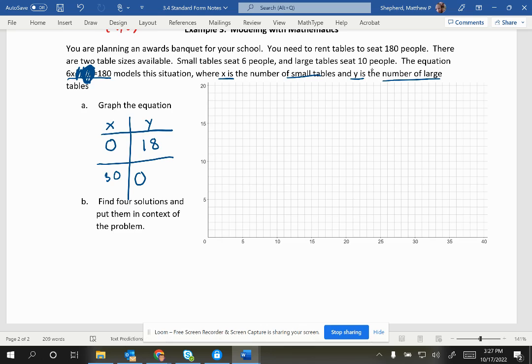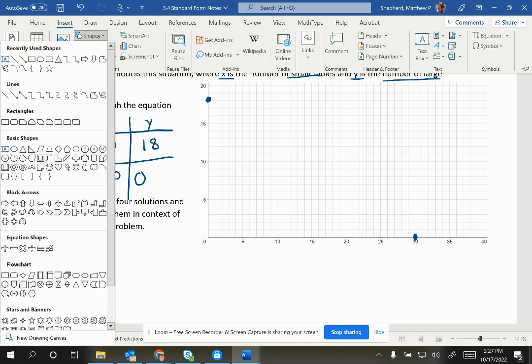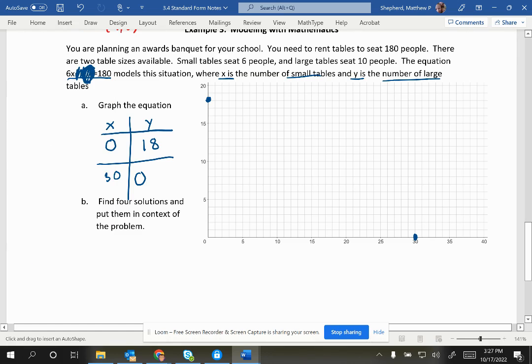So when x is at 0, y is up at 18. And then when x is 30, y is at 0. And so now, once again, I need to draw a straight line through those 2 points.